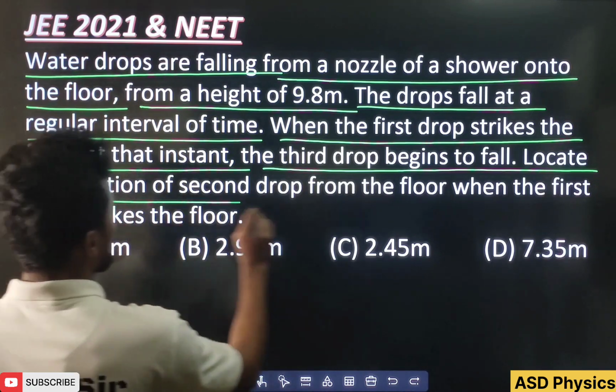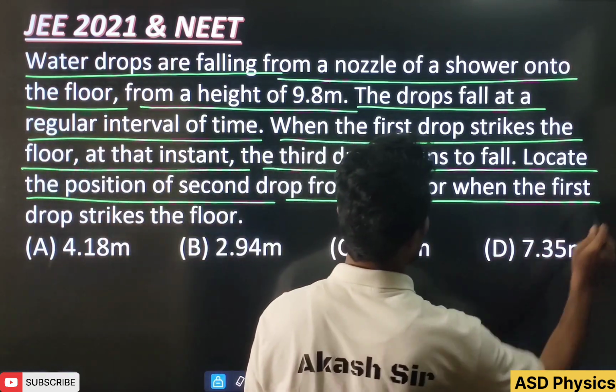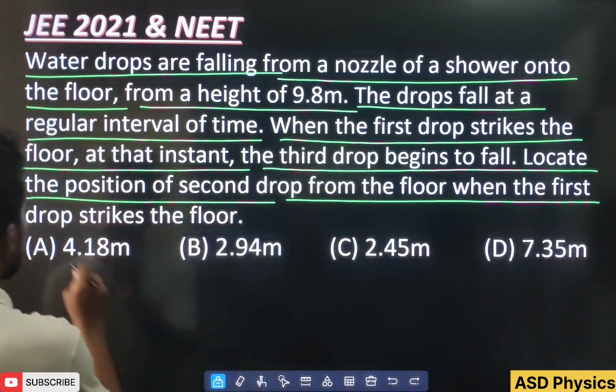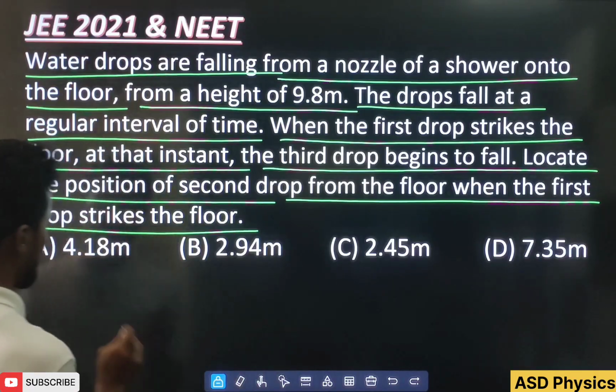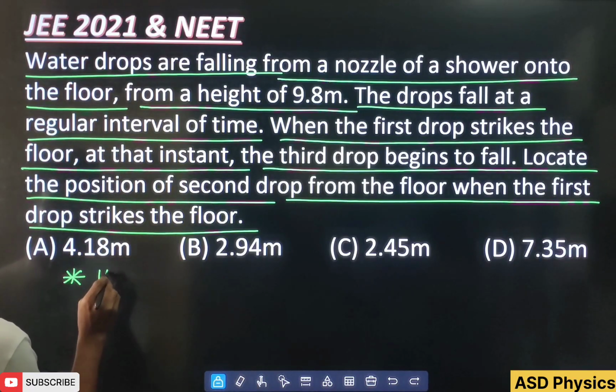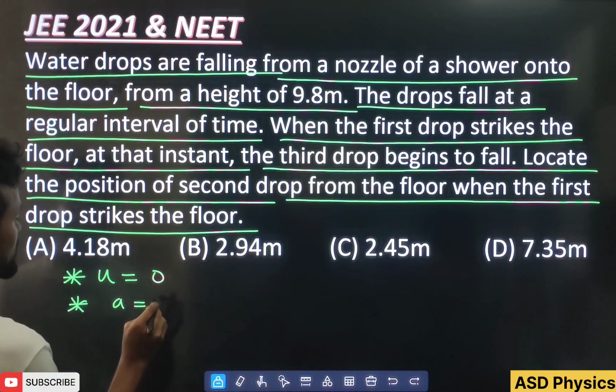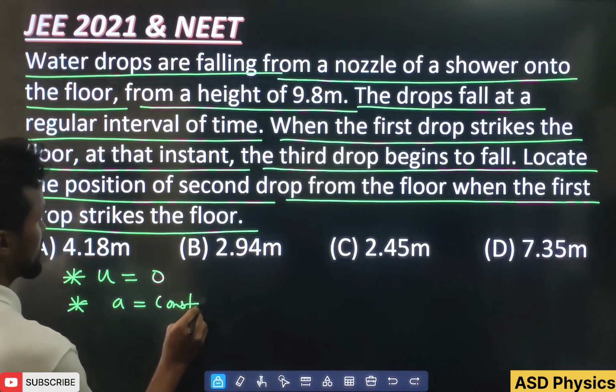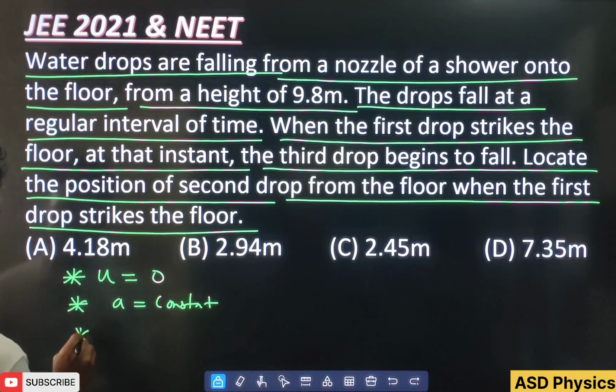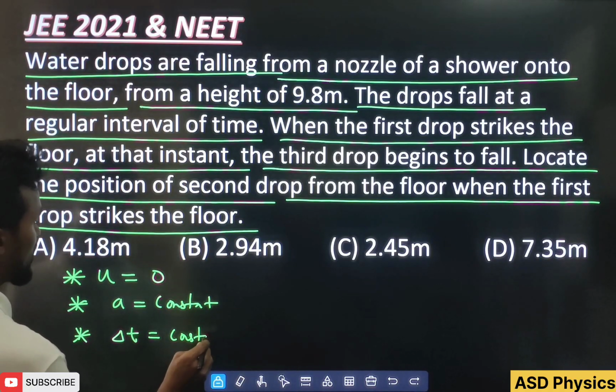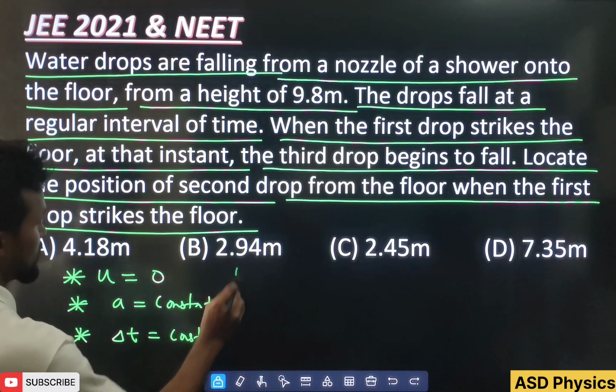Locate the position of the second drop from the floor when the first drop strikes the ground. The drops start from rest, u equal to 0. Motion under gravity, a is constant, 9.8 meter per second square. Delta t is an equal time interval, so it is also constant. Now this thing is known.